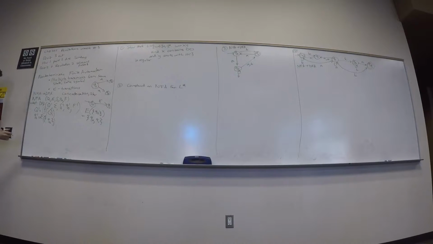Okay. Let's define the transition function. What does the transition function of a DFA take as input? A character and a state of the DFA. What does the state of a DFA represent in this case? A set of states of the NFA. Good.